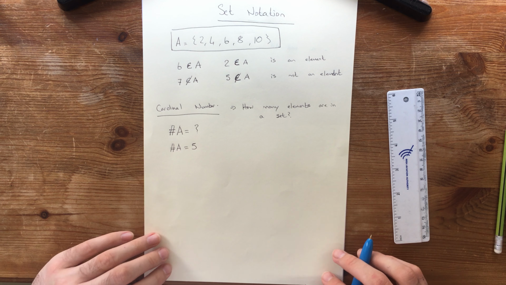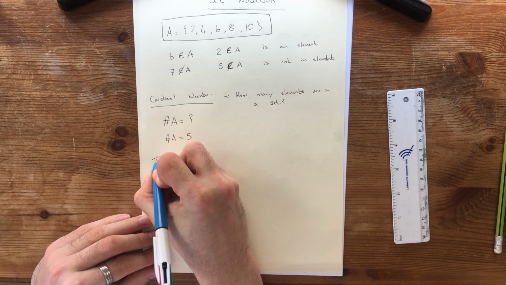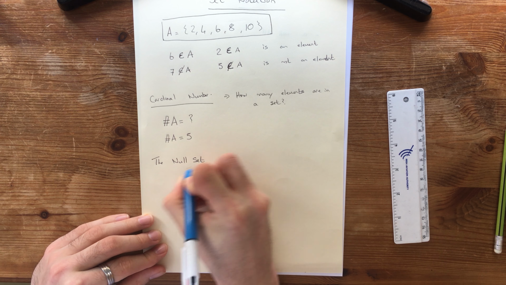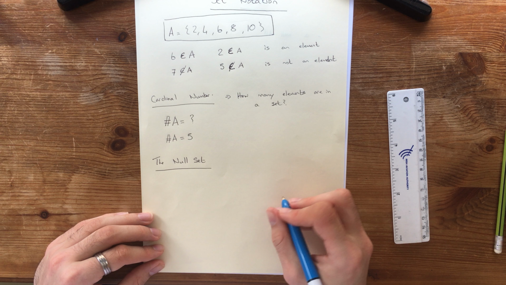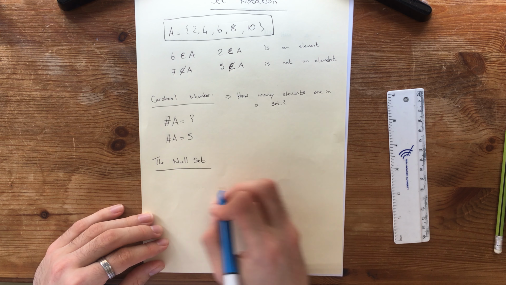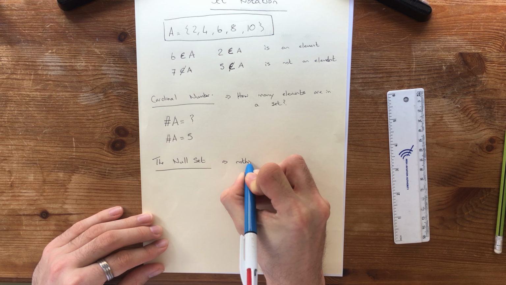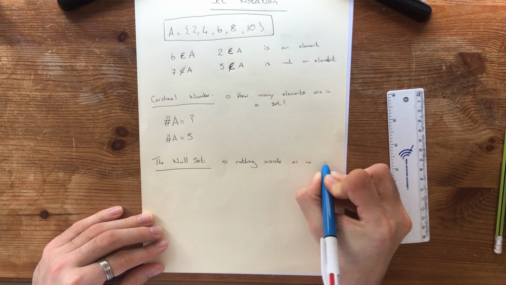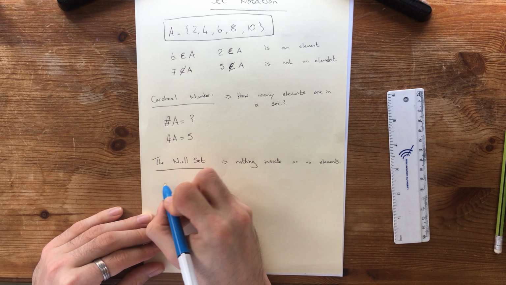The next thing we're going to look at is the null set. The null set is a set with nothing in it. It has no elements, nothing inside it at all. And there's two ways you can show this.